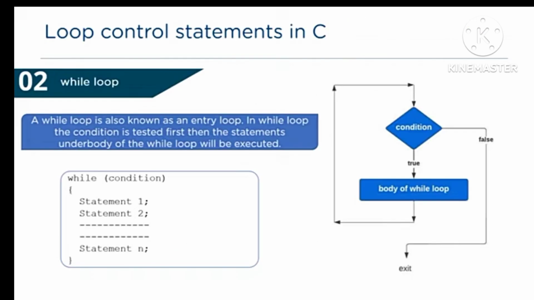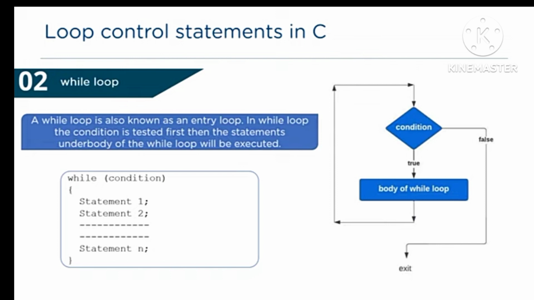Next, while loop. A while loop is also known as an entry loop, in which the condition is tested first, then the statements in the body of the while loop are executed. This is the syntax of the while loop: while condition, curly bracket, statement 1 and 2, body of the program, statement n, close the curly bracket.